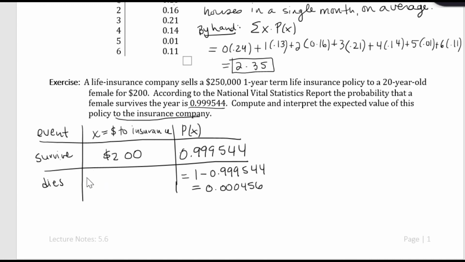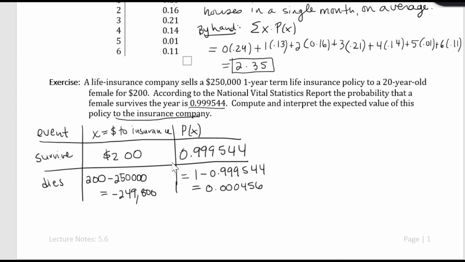So she paid that $200, and then the company, because she died, lost $250,000. That means they lost $249,800. They lost that much money.